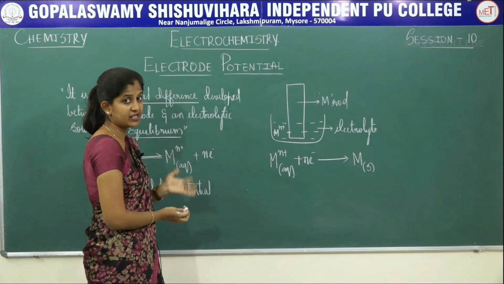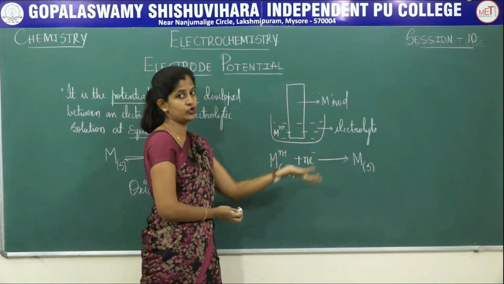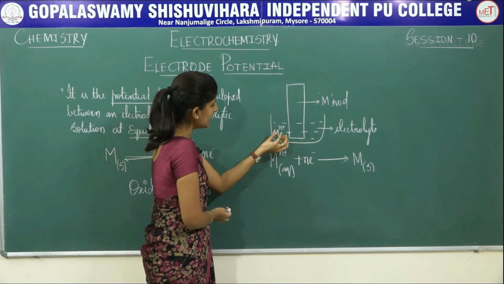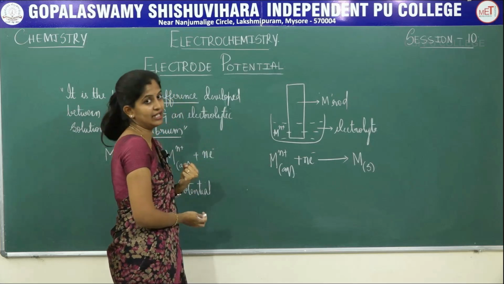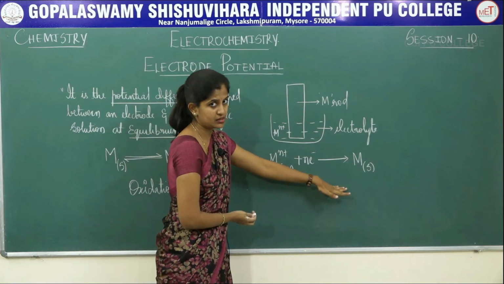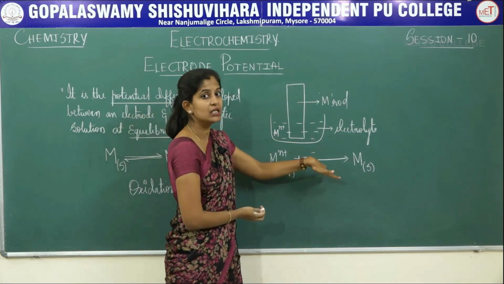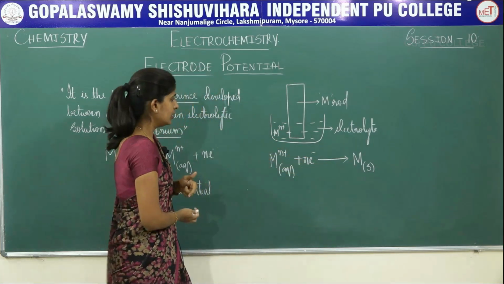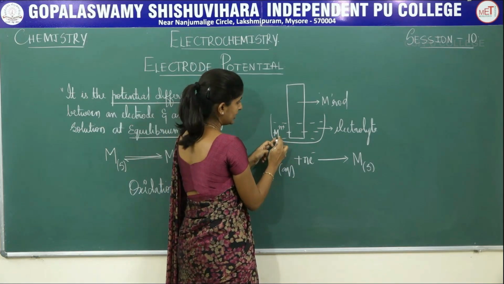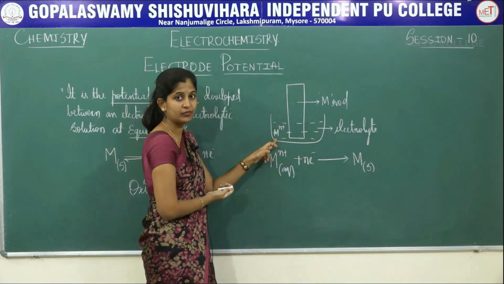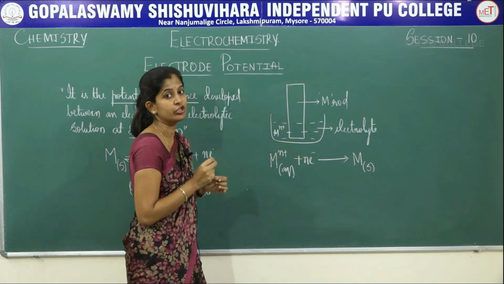In your first case, we have seen that the atoms of the metal rod itself lose electrons, so that is your oxidation reaction. Here, the metal ions take electrons from the electrode and get reduced. In this illustration, think that reduction is happening. The metal ions in your electrolytic solution are grabbing electrons from the electrode, which means this metal rod is now in loss of electrons.